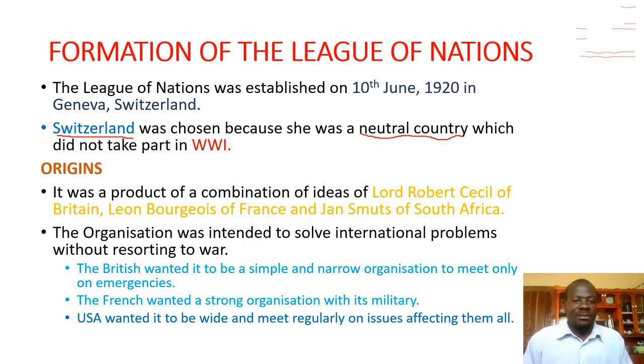Now, how was it formed, and who were the people behind it? The League of Nations was a product of a combination of ideas. It was started by Lord Robert Cecil of Britain, Leon Bourgeois of France, and Jan Smuts of South Africa.